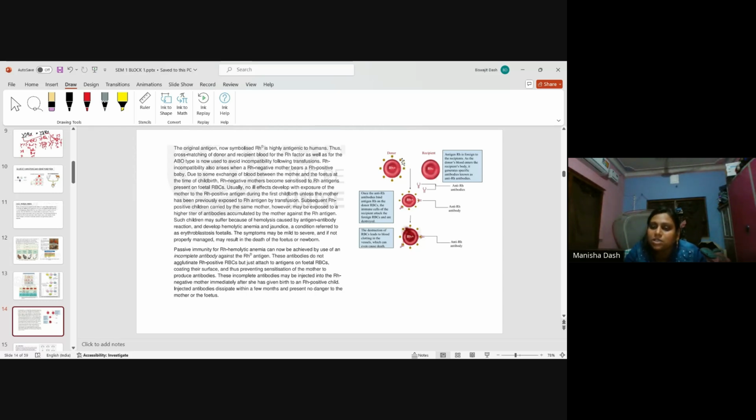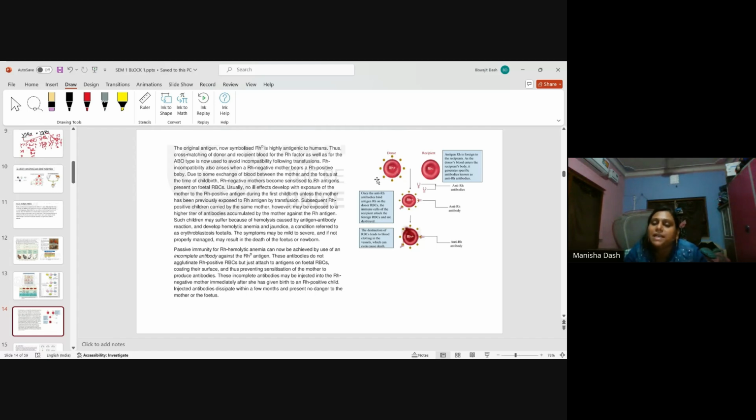So the fetus growing inside the mother will have Rh positive blood type. Now the mother is Rh negative, so the maternal blood will have anti-Rh antibodies. The blood of the fetus and the mother will come in contact with each other, so the anti-Rh antibodies of the mother will attack the Rh positive RBCs of the fetus.